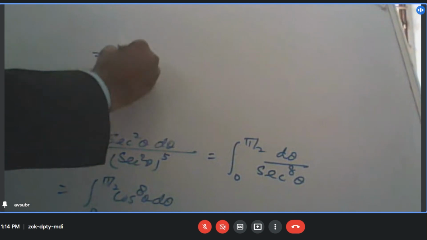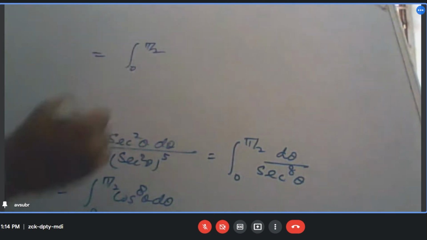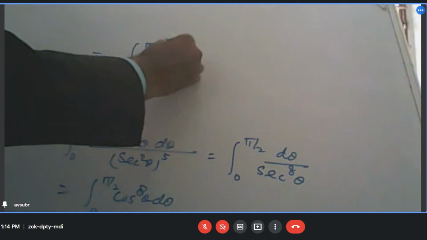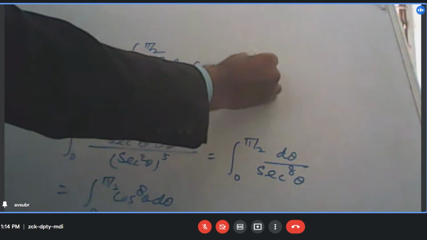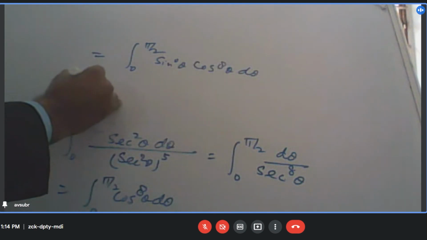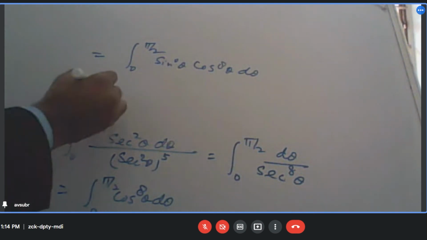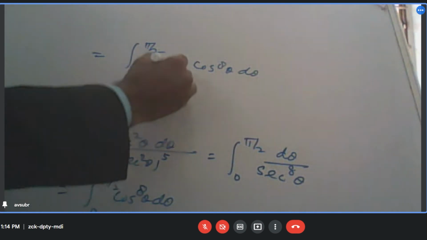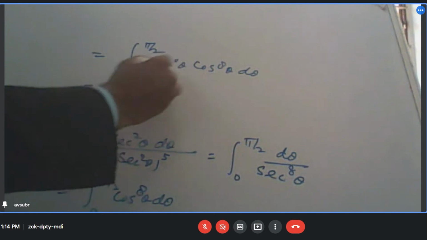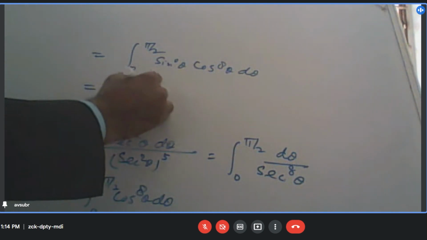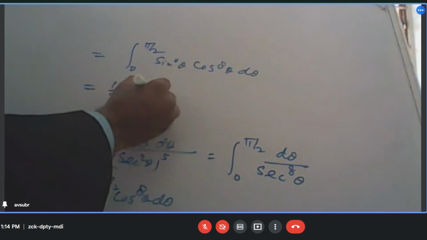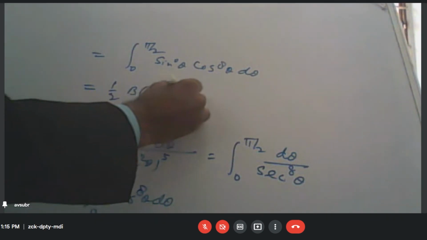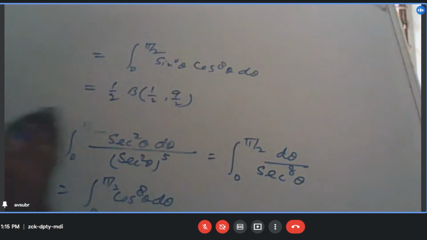इसको हम क्या लिख सकते हैं? 0 to π/2 साइन 0 थीटा टू द पावर 0 थीटा cos टू द पावर 8 थीटा d थीटा. हम इसको क्या लिख सकते हैं? 1/2 बीटा 1/2, 9/2. ये लिख सकते हैं ना.